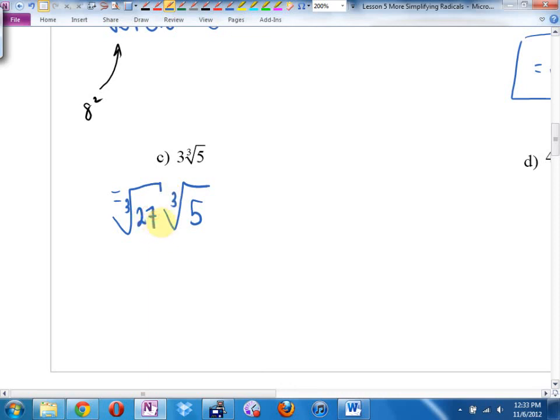Which means the entire question came from the cube root of whatever 27 times 5 is. 135, that's where it came from. There's the entire radical that our mixed radical answer came from.